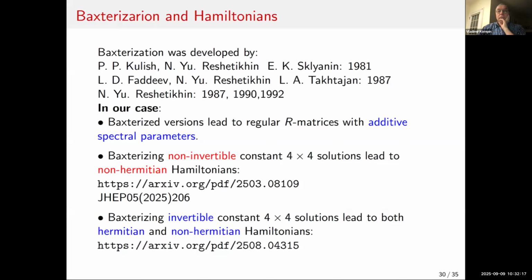And it will give models which are not nearest neighbor. It's something similar to what was discussed in yesterday's talk. So we can get local, quasi-local, and global integrable models with these approaches.